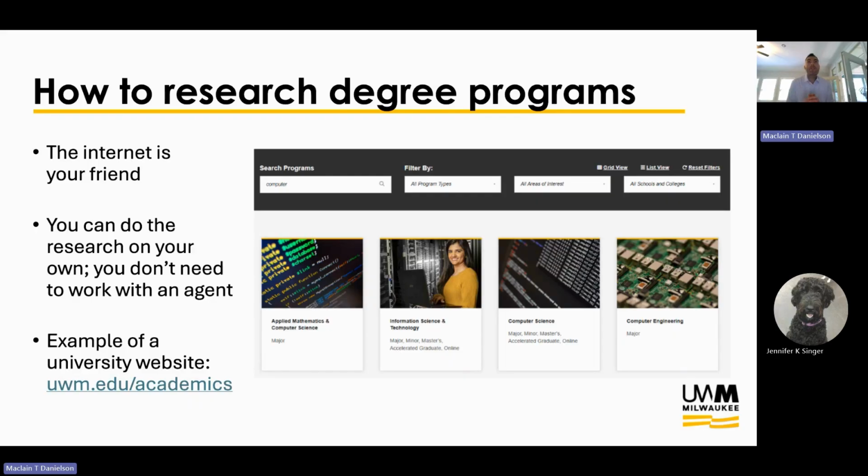Students can find so much information online, even from a simple Google search. There's a plethora of different types of information out there for them, so we would encourage them to use that. They don't necessarily have to work entirely and exclusively with an agent because of that research being available to them online.